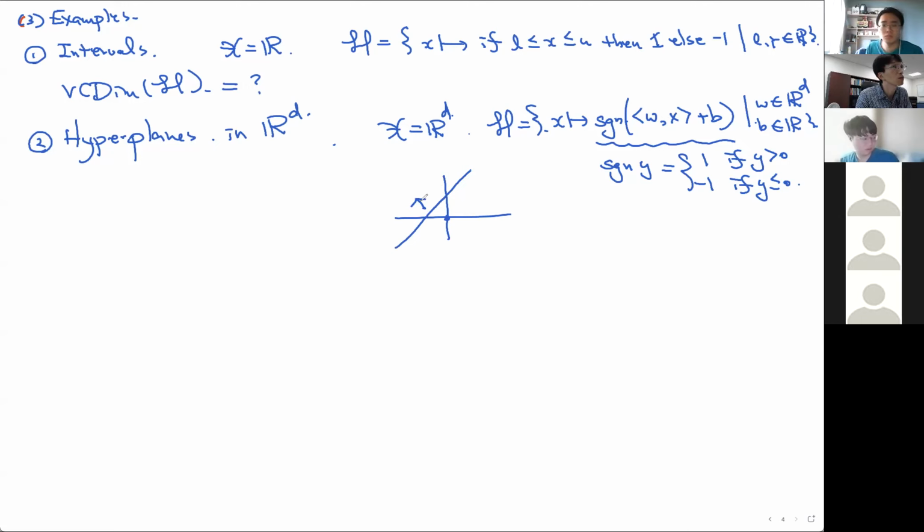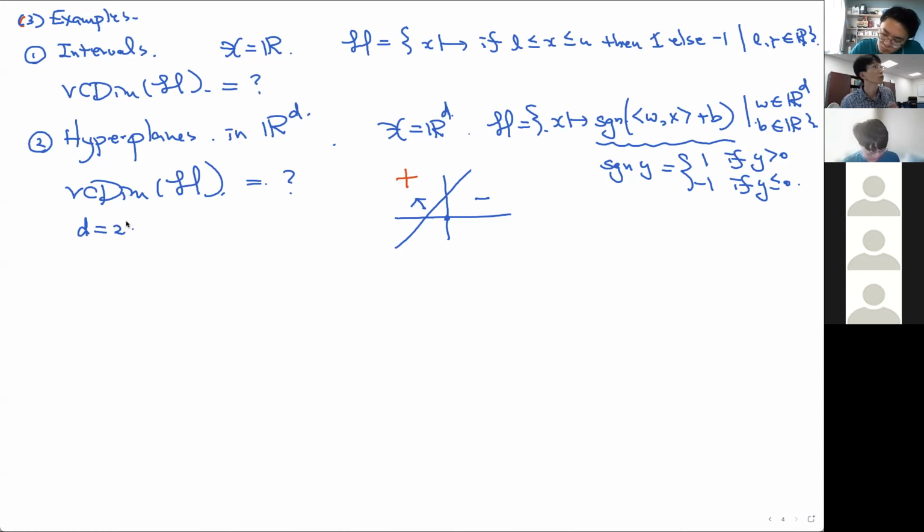By the direction of w, everything that goes above is marked as plus, and everything below, including the boundary, is marked as minus. It can be used to classify things, but what's going to be the VC dimension of H in this case? The second question is not very easy, so think about the d equals 2 case, and then try to generalize the solution.